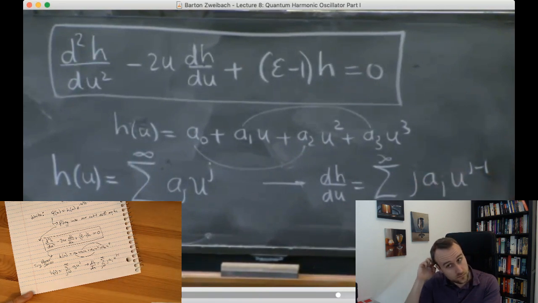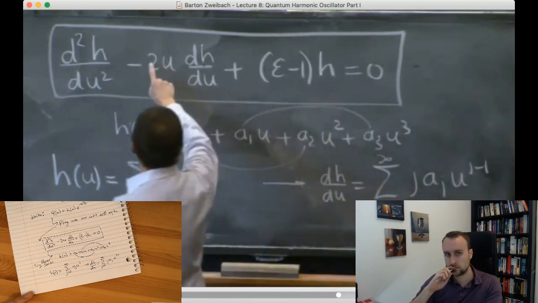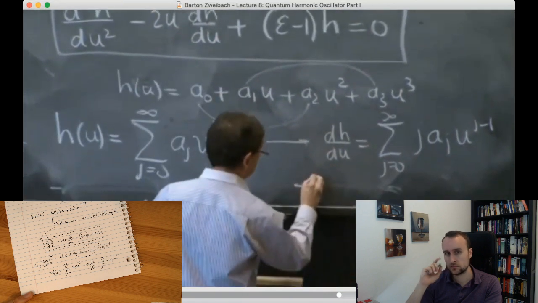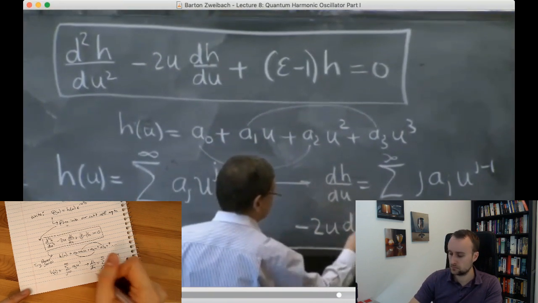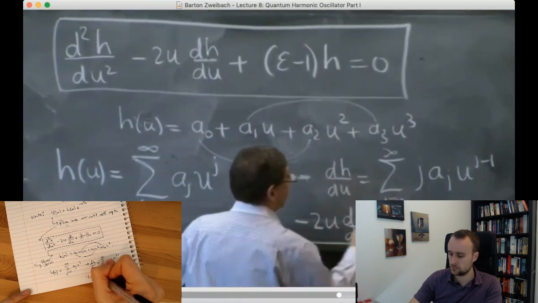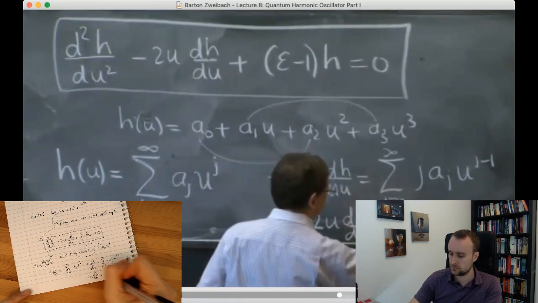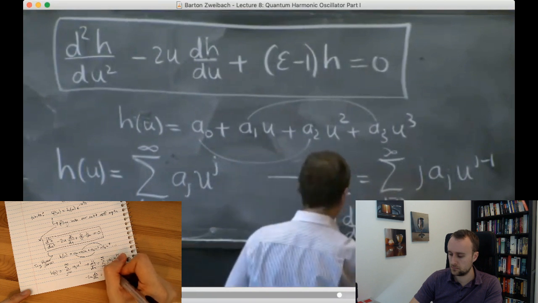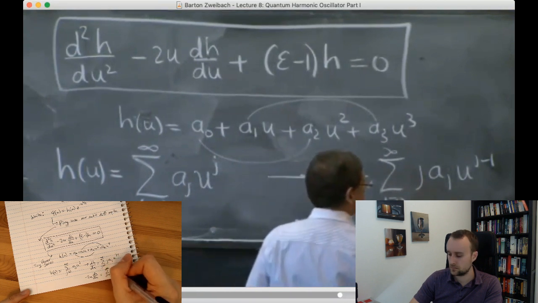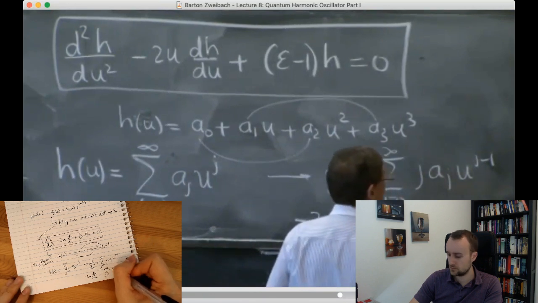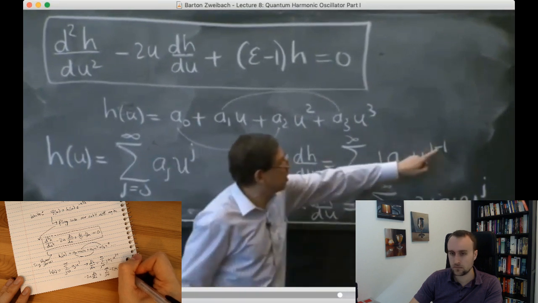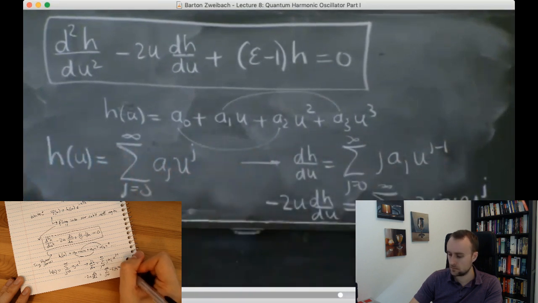So this is okay. Now, the term that we actually need is minus 2u dh/du. So minus 2u dh/du would be equal to the sum from j equals 0 to infinity of minus 2 j aj u to the j. The u makes this j minus 1 into j, and the constant went there.